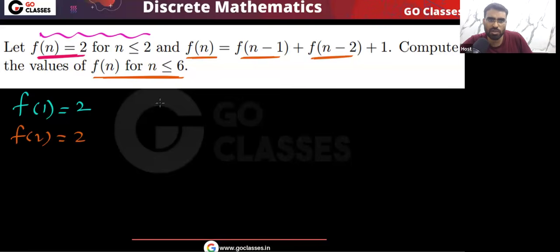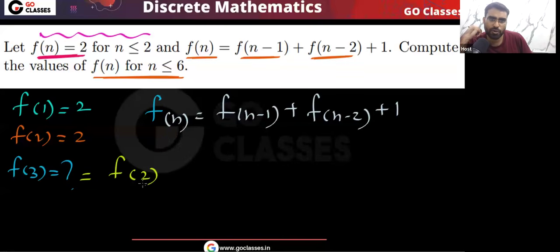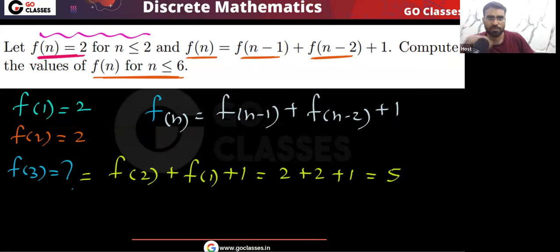Now the question is also asking what is f3? The question says fn equals fn minus 1 plus fn minus 2 plus 1. So if I put 3 here, then f3 will be f2 plus f1 plus 1, that is 2 plus 2 plus 1, that is 5.